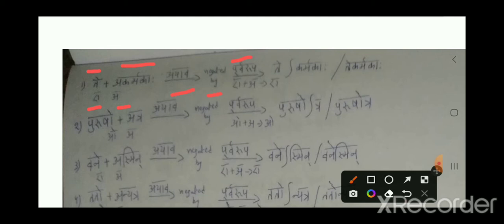Because A is at the end of the padam and it is followed by akara. What is Purvarupa? When A is at the end of a padam and it's followed by akara, then the replacement is its Purvarupam. Purvarupam means the preceding vowel, which is A in this example.